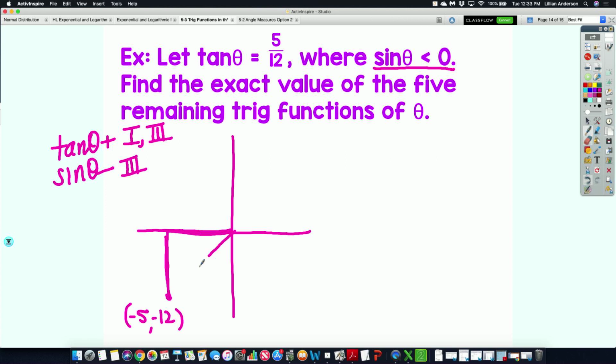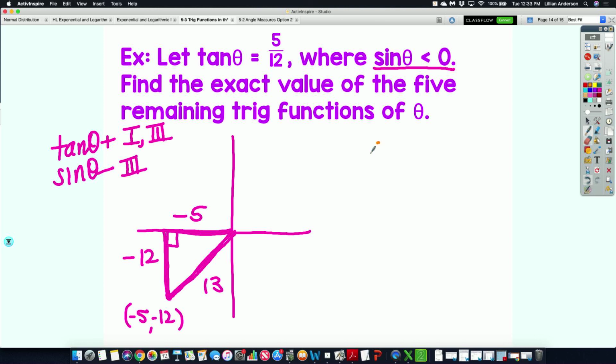Those signs are going to make a difference because you're in the third quadrant. Your x and your y are negative, and when you divide them, it gives you a positive. Hence, tangent is positive. When I do the Pythagorean Theorem, I get my hypotenuse to be 13. And I know this because I know my Pythagorean triples, but of course, use the Pythagorean Theorem if you need it.